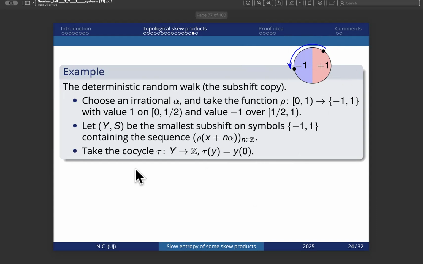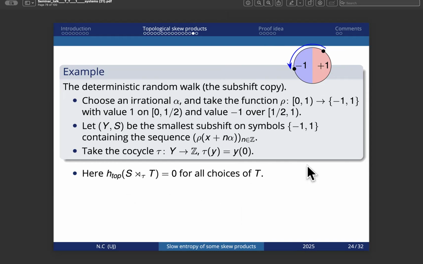And here we take finally the cocycle, which on the subshift, the value tau of a configuration is its zero coordinate. So it is 1 or minus 1. Here it happens that the topological entropy of the skew product is 0 for all choices of t.